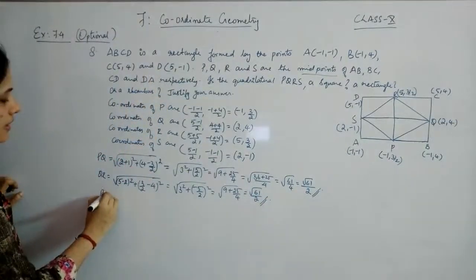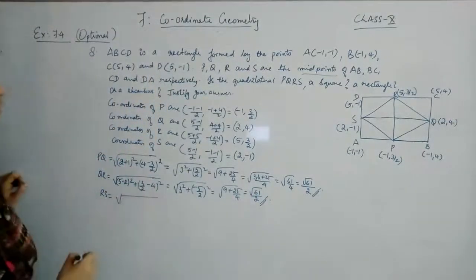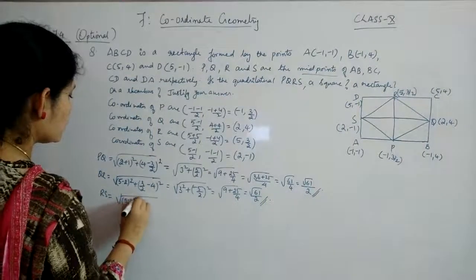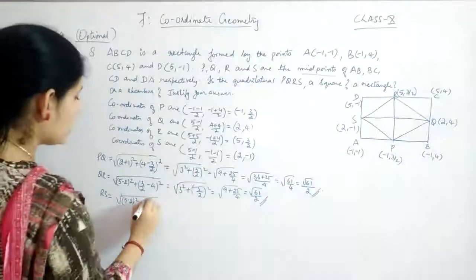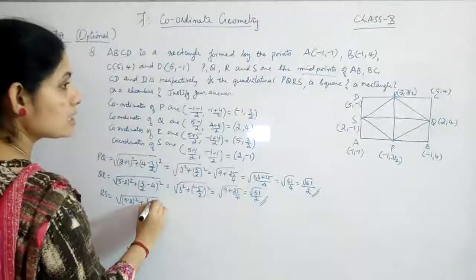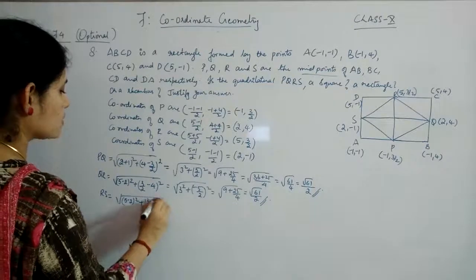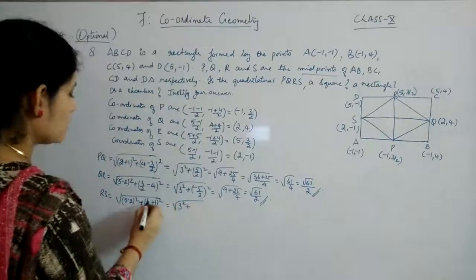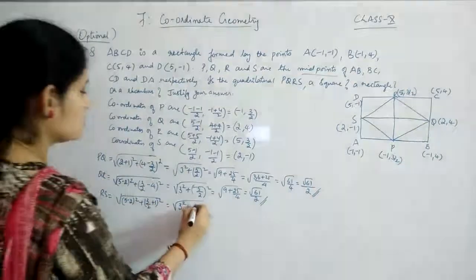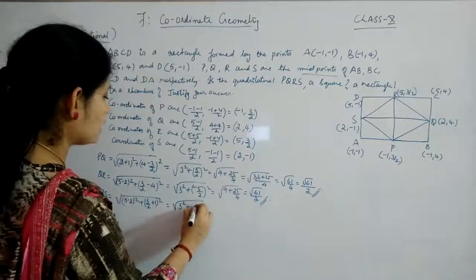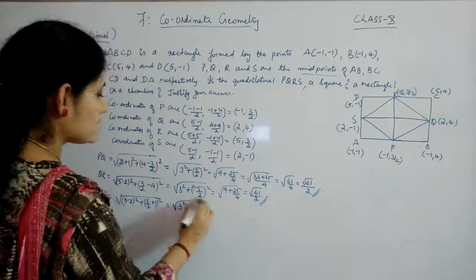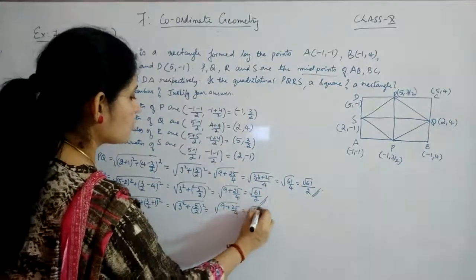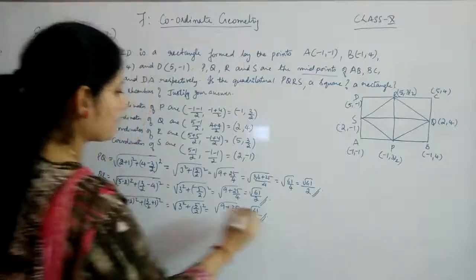Then what is RS? Root of 5 minus 2 the whole square plus 3 by 2 minus -1 plus 1 the whole square, which is root of again 3 square plus here you will have 3 plus 2, it is 5, 5 by 2 the whole square. Same thing, we are getting root of 9 plus 25 by 4, which is again root 61 by 2.